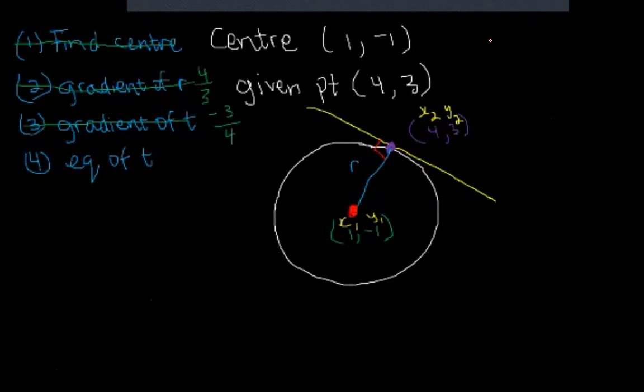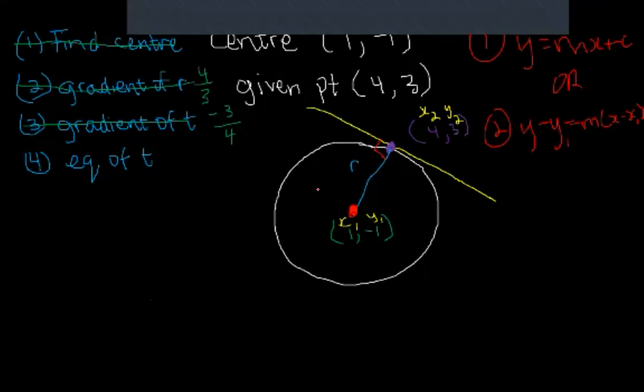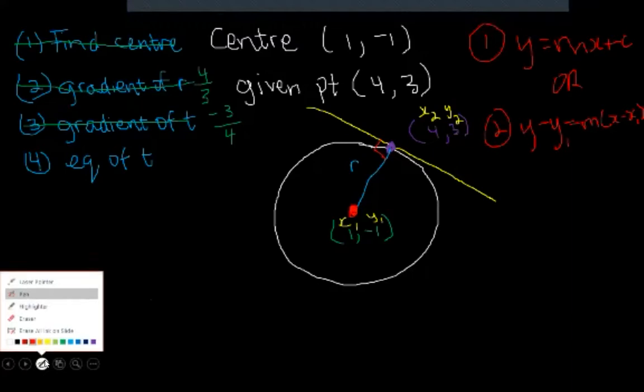We know that to find the equation of any line, y is equal to mx plus c, or we use the other method, which is y minus y1 is equal to m times x minus x1. People who already did this with me, sorry, class is moving kind of slow, but I need to make sure that everybody's on board.